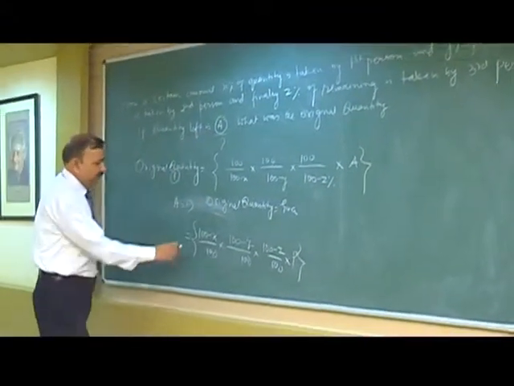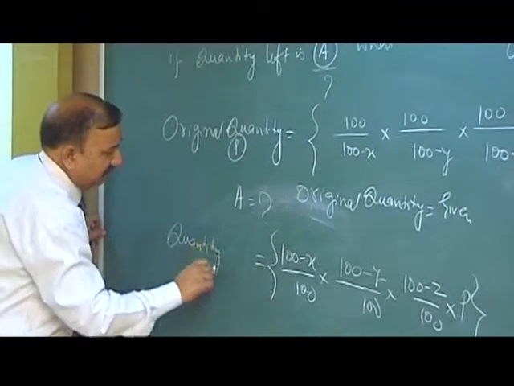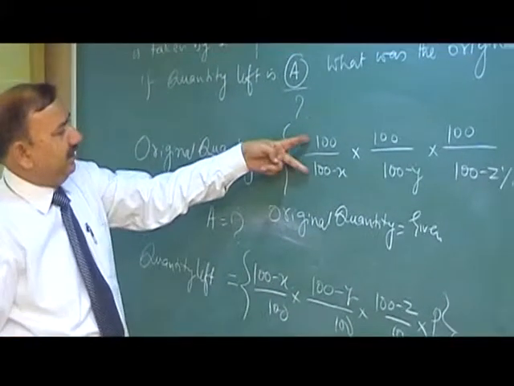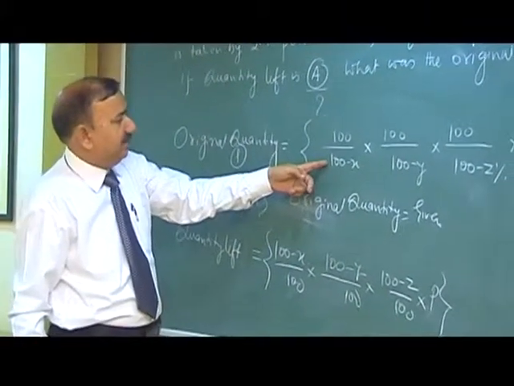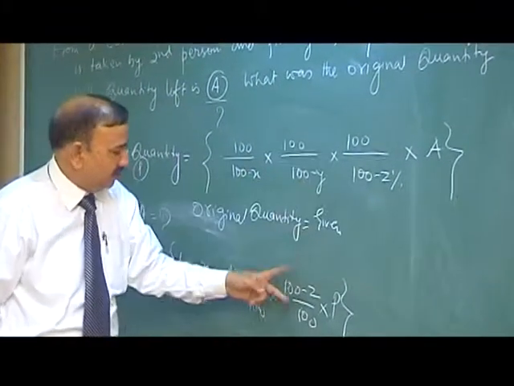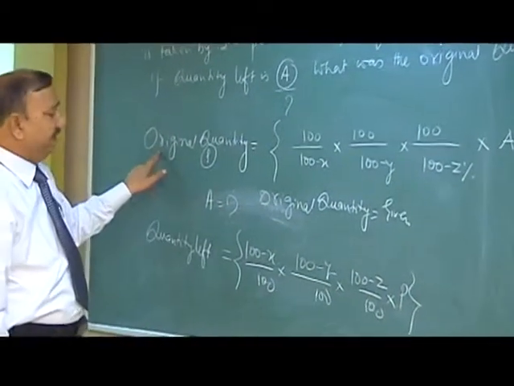In that case we use 100 minus X upon 100, we just reverse this: we write the denominator in the numerator and the numerator in the denominator, the same way here also. And this P is the original quantity we have.